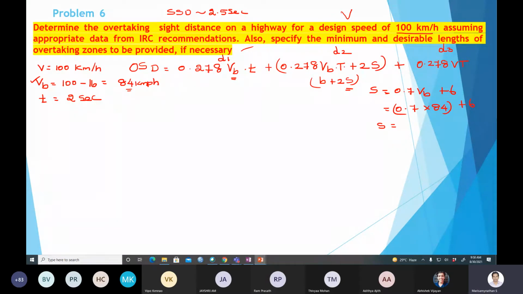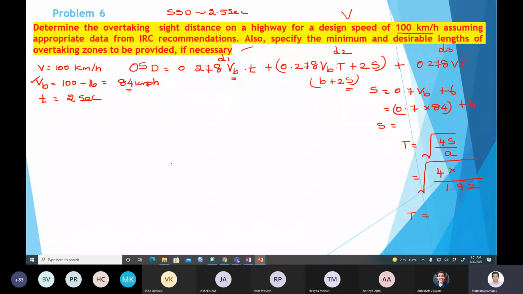Then the parameter capital T, that means the time the vehicle B travels from B1 to B2. The equation for T we derived as the square root of 4S divided by a. Here you calculate a for 100 kilometer per hour from the table I have shown, and you get the value of 1.92 meter per second squared. So this is the T value you get.